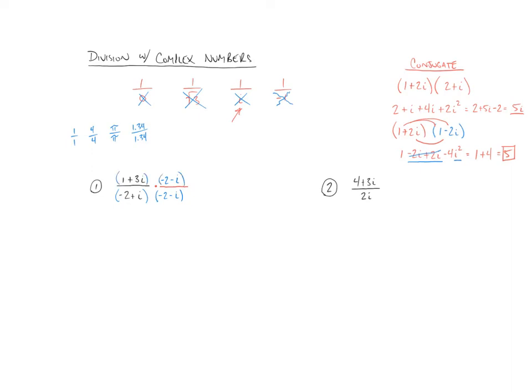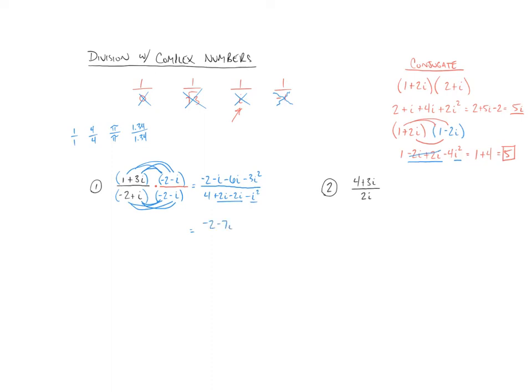Now I'll multiply my numerators, and I'll multiply my denominators just like I'm used to doing when I multiply. 1 times negative 2, 1 times negative i, 3i times negative 2, and 3i times negative i. And in my denominator, I will have 4 plus 2i minus 2i. That's the good news. Minus i squared, more good news. So I'll simplify that beneath. In the numerator, I've got my negative 2.